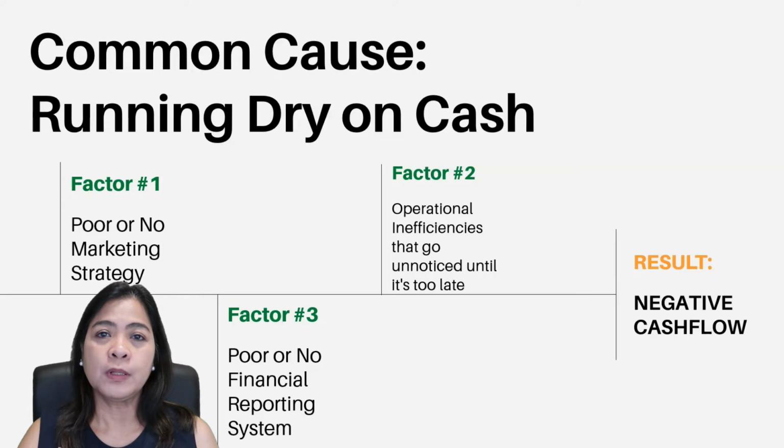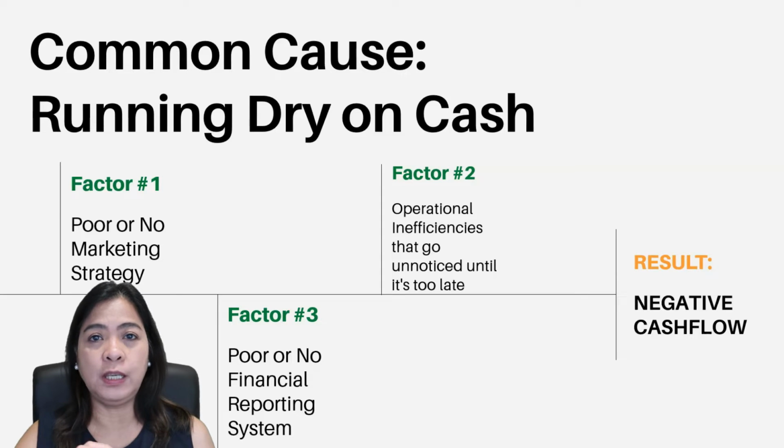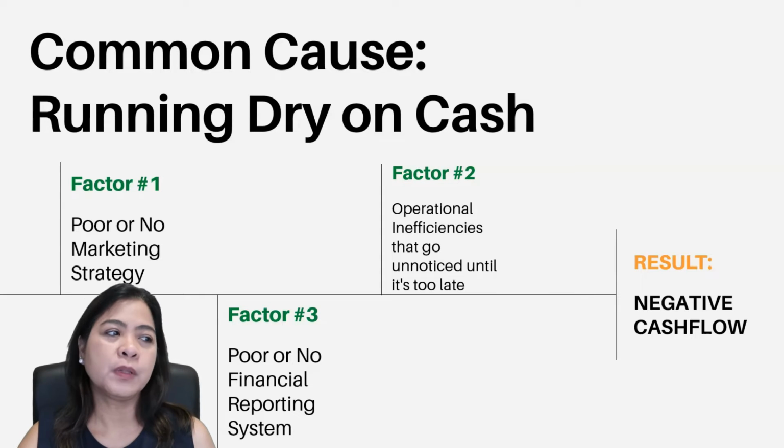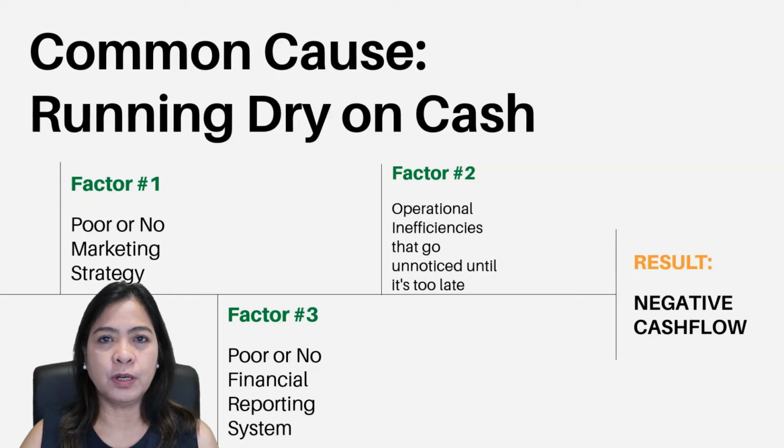For example, your objective is to grow your business, the top line, which is the revenue, 10% year over year over 5 years. To achieve that 10% growth, you need a marketing strategy on how you will generate that revenue, and that would include both your pricing strategy and your volume strategy. Without any marketing strategy, that is the first issue of poor cash flow.